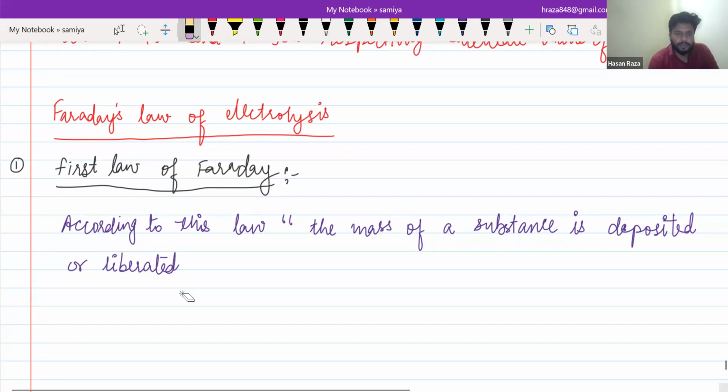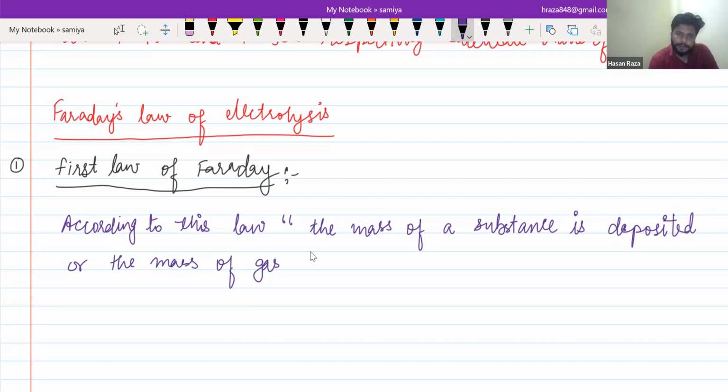The mass of a substance is deposited or the mass of gas liberated at a particular electrode.